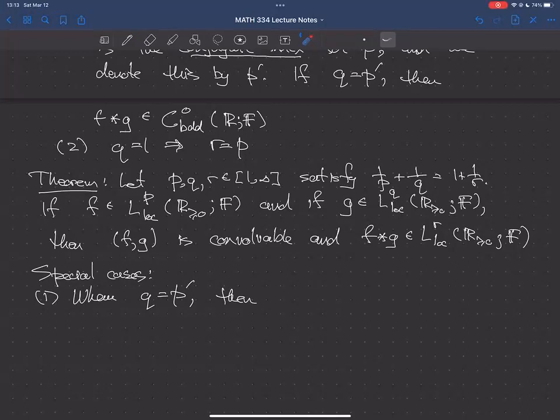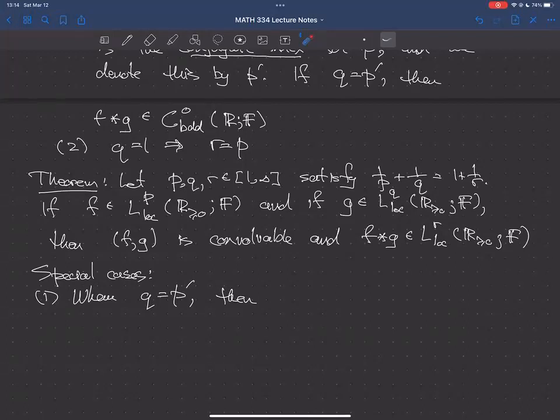Again, if Q is equal to P prime, then 1 over P plus 1 over Q is equal to 1, and so R must be infinity. And just like in the case above of signals defined on all of R, where the convolution was continuous and bounded, here it should be in L infinity loc. But L infinity loc just means bounded on every compact subinterval.